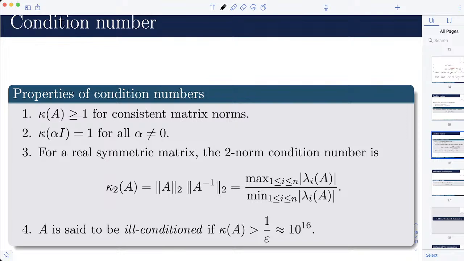All you're going to be doing is finding the ratio of the largest eigenvalue over the smallest eigenvalue, and taking the absolute value of those. And that's only for symmetric matrices. So if in a question, A is a symmetric matrix, A is a positive definite matrix, and the question has something to do with eigenvalues, then this is probably the identity that you're using. So condition number is the largest eigenvalue over the smallest eigenvalue.